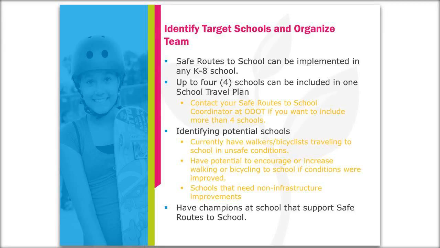If you're doing all this work and it's not really going to benefit the school, then it's a waste of time. That's why you really want to do some research and figure out who you want to target. You also want to have champions at school that support the Safe Routes to School initiative because, as we know, working together is a lot easier and will help make the process run smoothly.